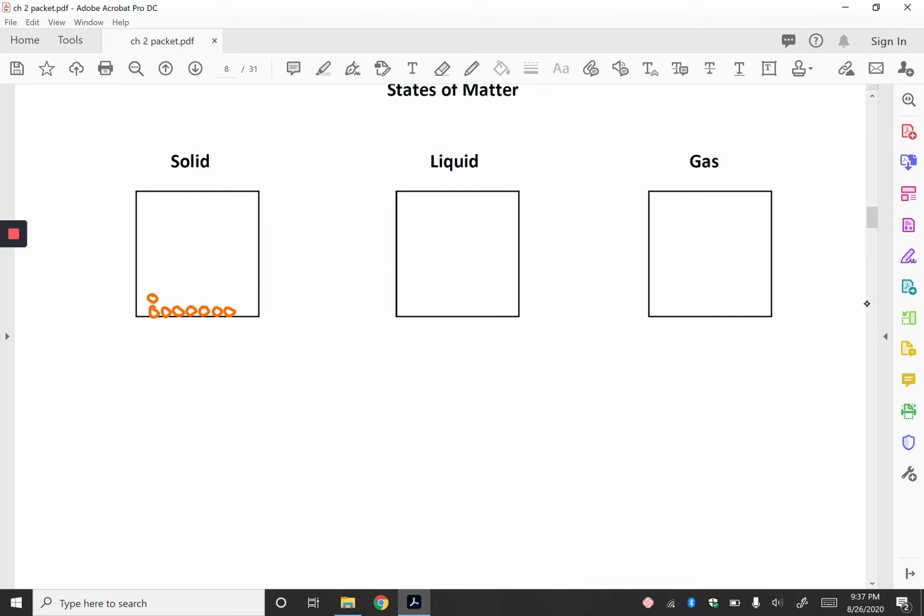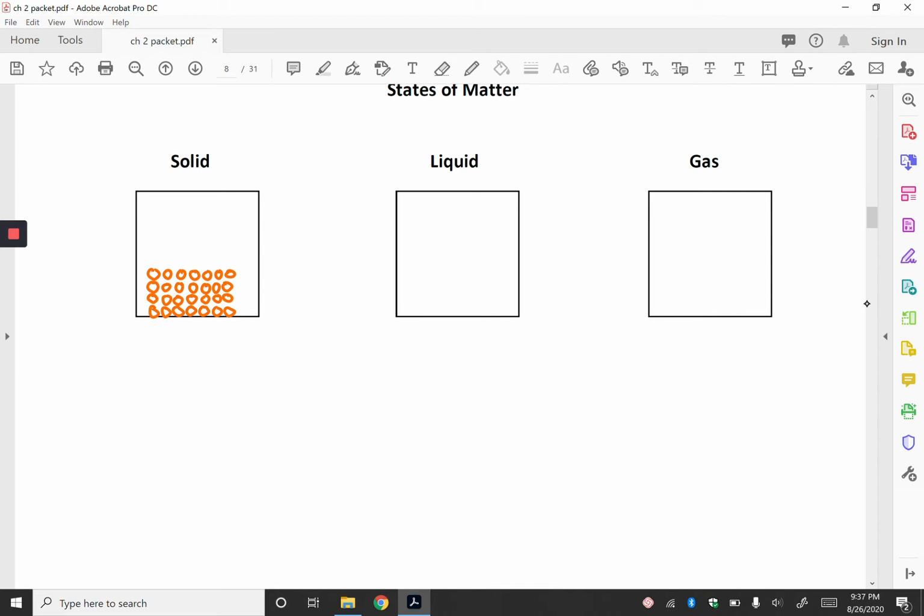And I'm also going to try to make them kind of neat with rows and columns. Again, my drawing is not that great. I try, but hopefully yours is a little bit better. But the key is that solids are close to each other, and they're in this nice crystal that is really ordered.